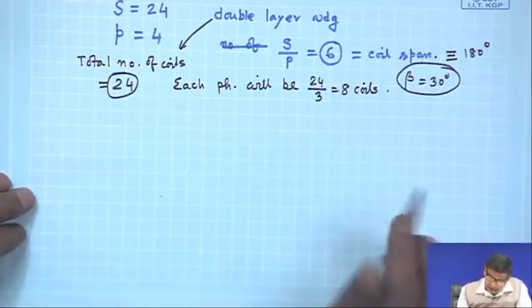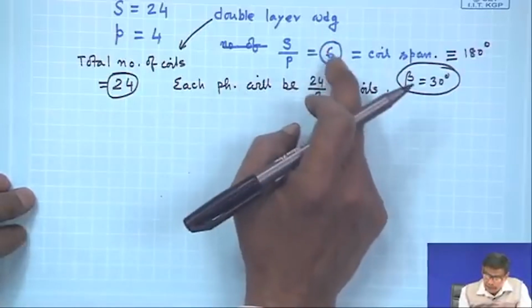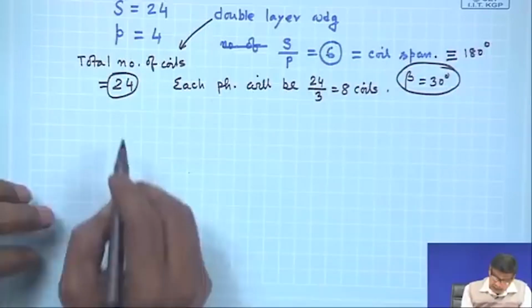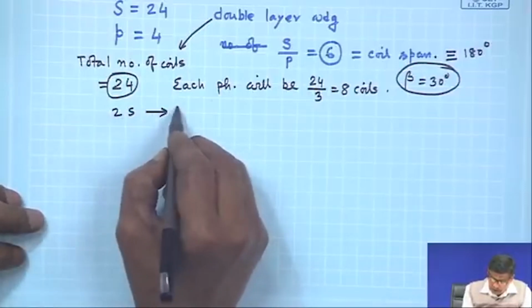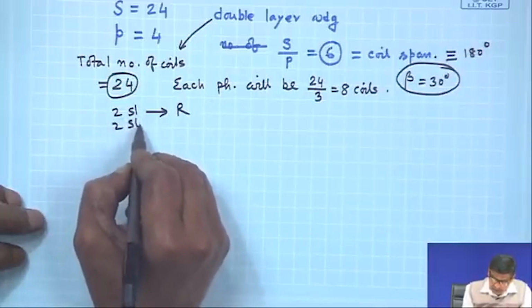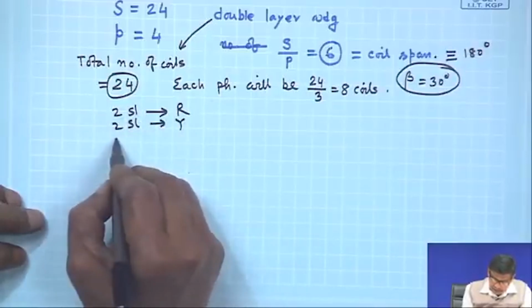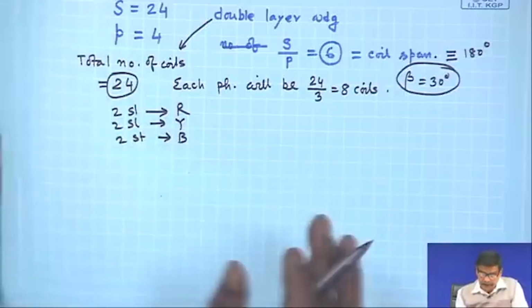Achha. And I will distribute the coils. The number of slots available per pole is 6. Therefore, 2 slots I will allot to R phase, 2 slots to Y phase, 2 slots to B phase, like the previous way only.